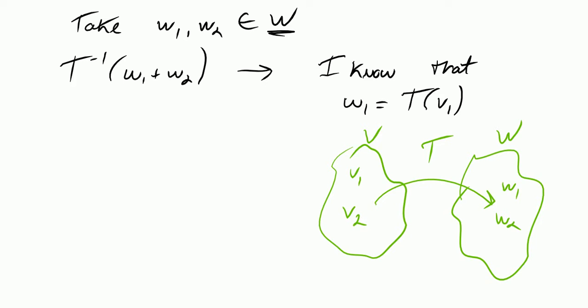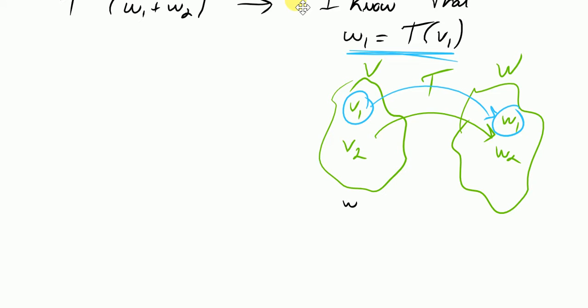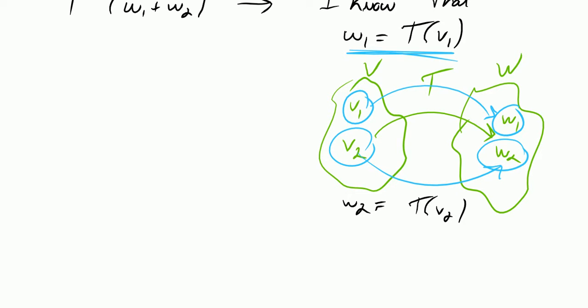So now I'm saying that V1 maps to W1. This is what I'm saying here, right? And now I'm also going to say that W2 is equal to T V2. In other words, V2 is mapping to W2, right?